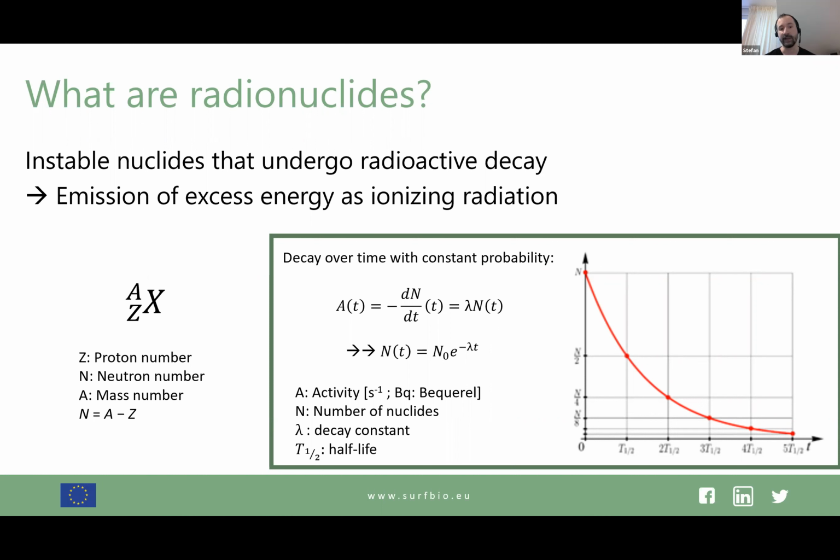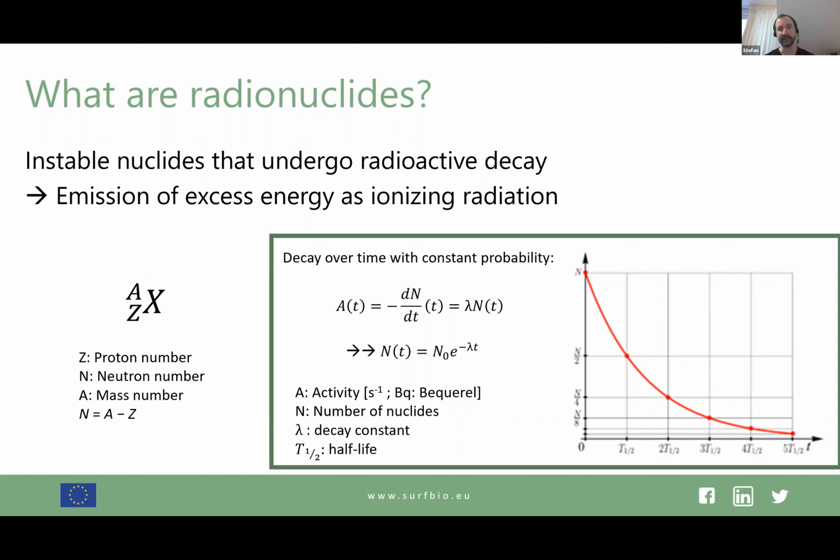So you have a half-life. After this half-life, only half of your original radionuclide is there, and after another half-life, you go to 1/4 of your original material, and so on. This is something that you have to keep in mind when you work with these tracers.